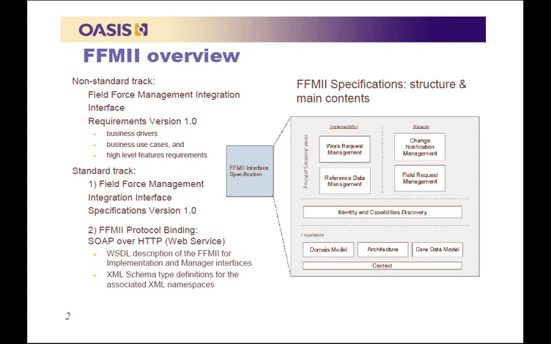From there, we develop the detailed specification of the interface. Also, from the specifications, we generate all the XML and web services documents to support our specifications. On the right-hand side of the slide, you have a little figure.